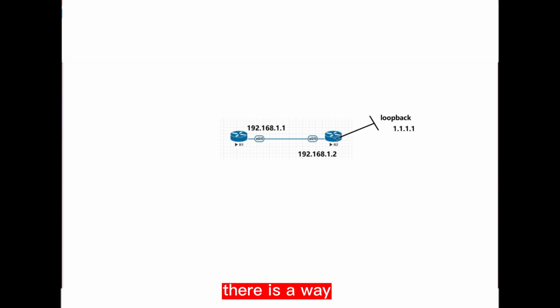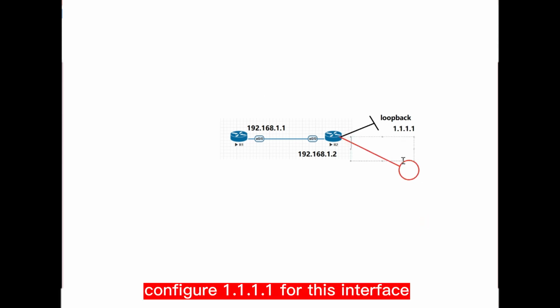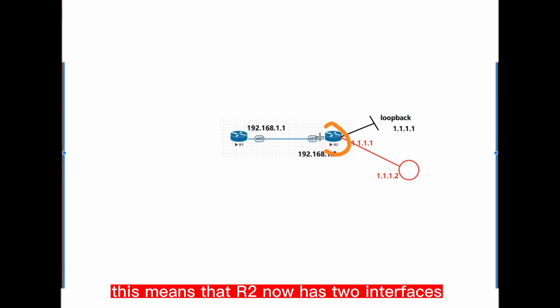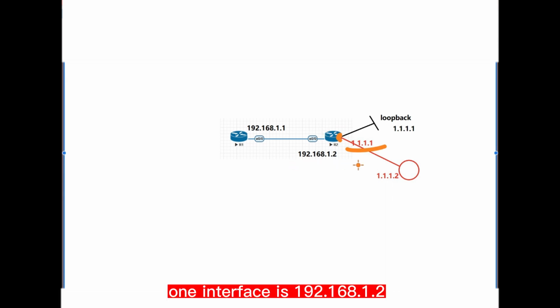There is a way: I can connect another router here. Configure 1.1.1.1 for this interface and 1.1.1.2 for the peer. This means that R2 now has two interfaces. One interface is 1.1.1.1, and one interface is 192.168.1.2.